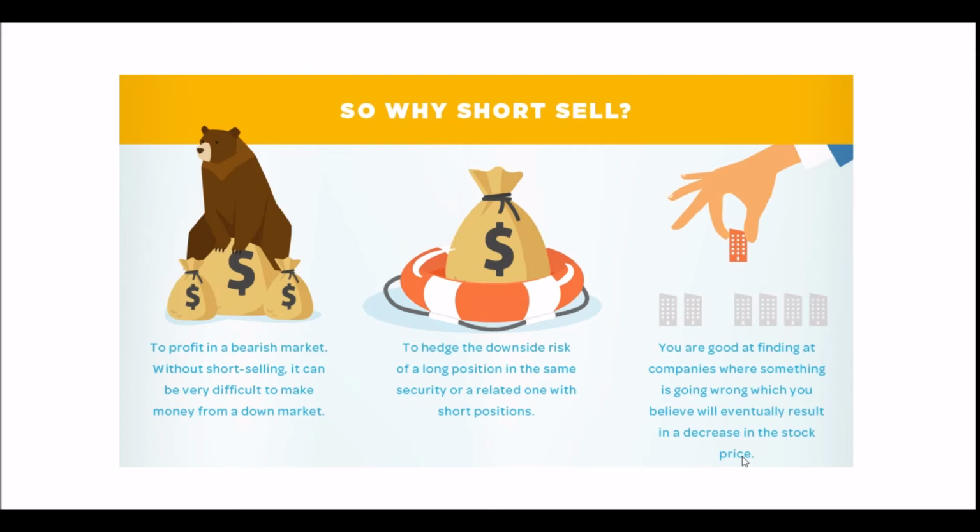Good. So the basic idea, don't forget, is to sell stocks that you don't have. The broker gives you these stocks so that you sell them at a high price. Then later you return the stocks back to them. You sell at a high price, then you wait for the price of that stock to go down, then you buy it back, make your profit, and give the broker back his or her shares.